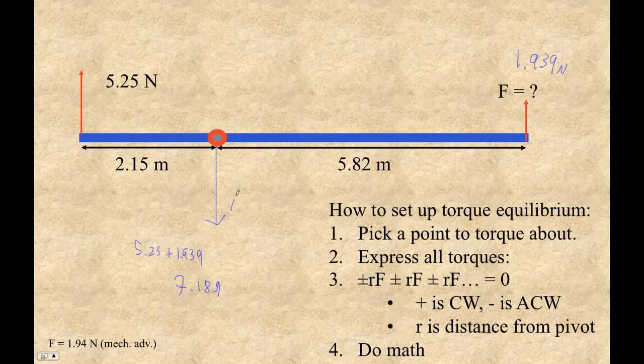So this force is 7.19 newtons. But we didn't know that coming into this. But since we picked that point to be the torque point, remember that forces that act right at the torque point have no torque, because torque is RF. If R is 0, that is, the force acts right at the hinge, then it exerts no torque. So basically, the strategy for torque equilibrium is that you pick a spot, either a hinge or a spot where there's an unknown force acting, and then that force no longer is in the equation. You'll see this. Let's just put that in the back of your mind. That'll be important later.